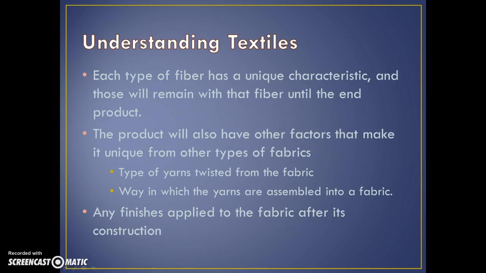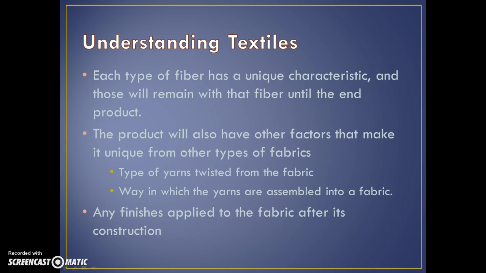In understanding your textiles, what you covered with the first week, understanding the characteristics associated with each type of fiber is very unique, and that characteristic will remain with that fiber all the way through the process until the end product. But now, because of different yarn types and different ways of fabricating the materials, new characteristics are also added.